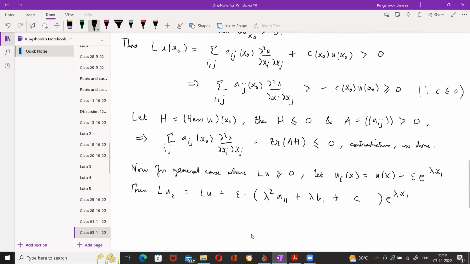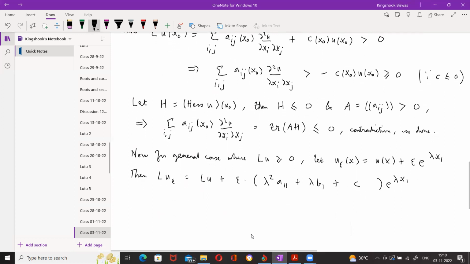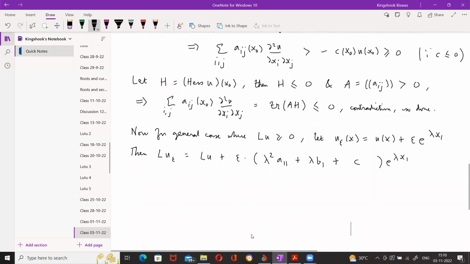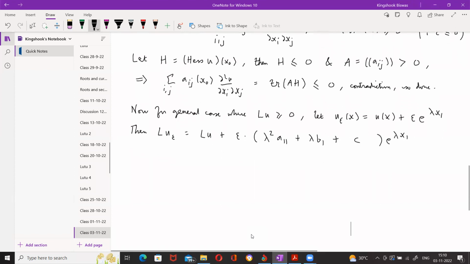Now, this A11 is what? Notice that A11 is equal to E1 transpose A E1, right? This is greater than or equal to the ellipticity constant, which is some lambda naught.